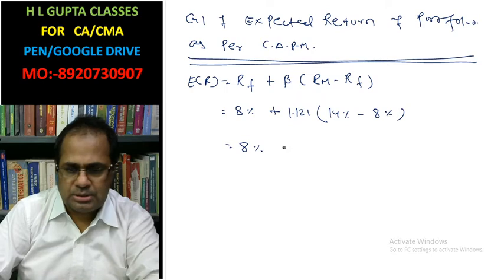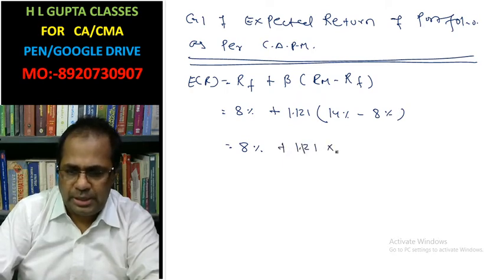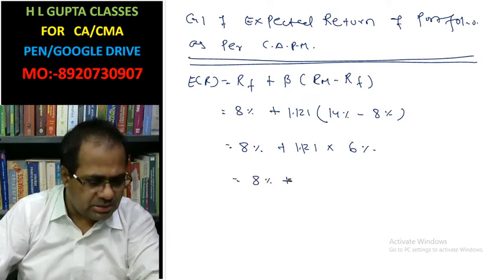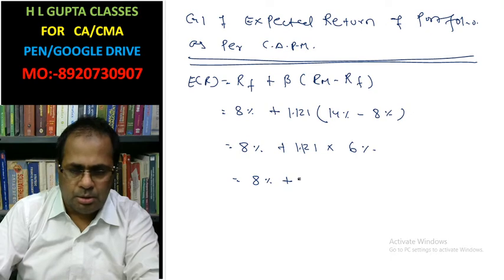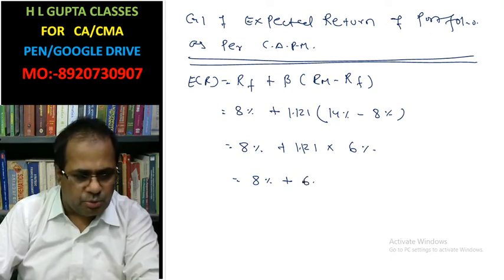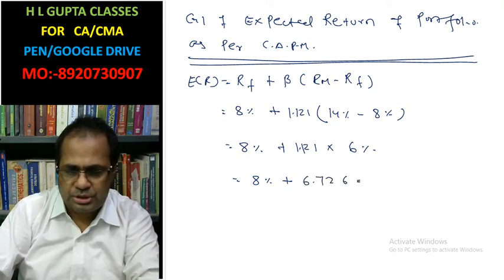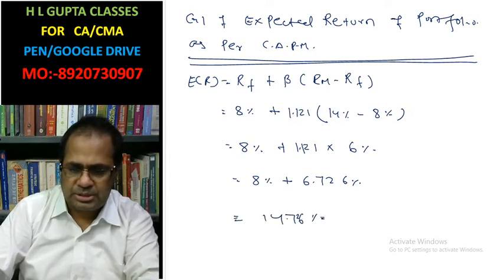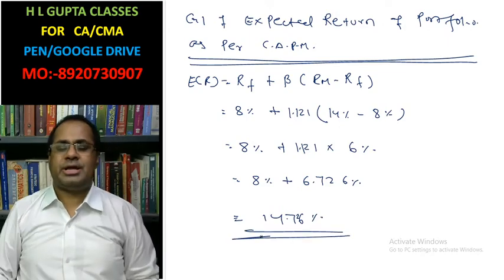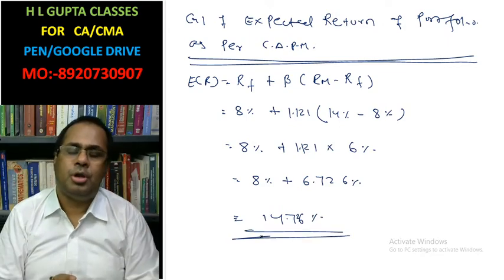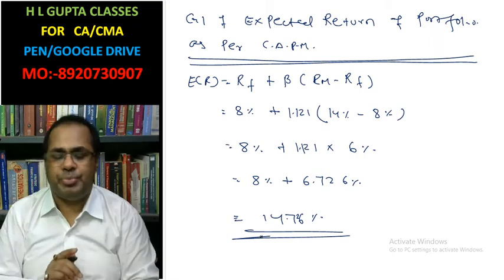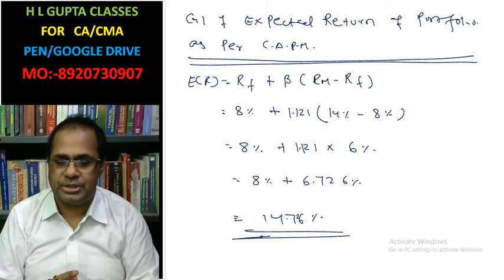Expected return is 8% plus 1.121 into 6%, which is 8% plus 6.726%, that is 14.726%. This is your answer, the expected return of the portfolio as per the given betas of the different securities.